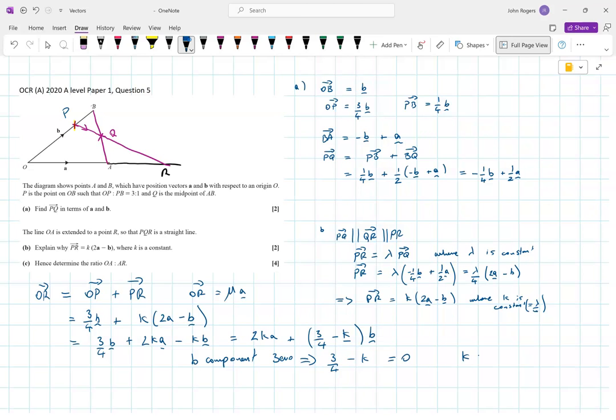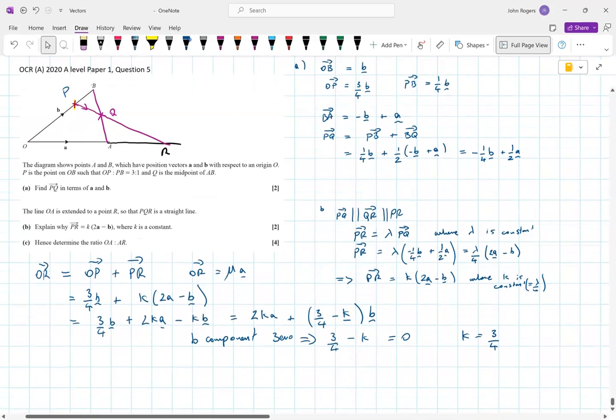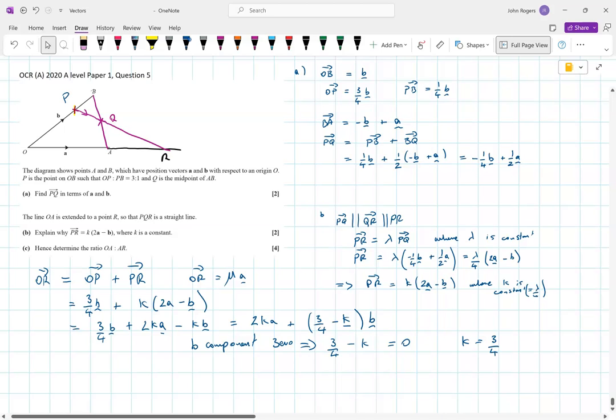So that gives us k equals 3/4. So that tells us that OR, which has no B component at all, is 2 times k. So that gives us OR is equal to 3/2 times OA, or A, 3/2 A. So basically this distance here is going to go that much further again.